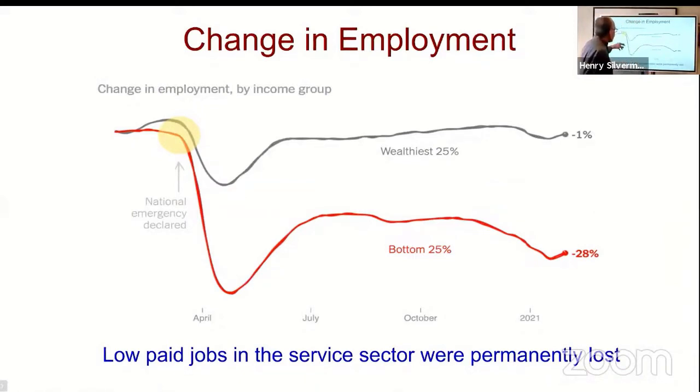We have the change in jobs or employment between the wealthiest and the bottom level of society. We see that the lower paid jobs in the service sector were permanently lost among the poorer people, and we see that the return to employment was much lower in the bottom 25% of our society.